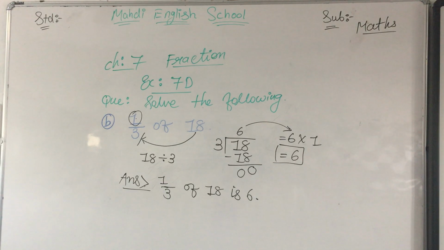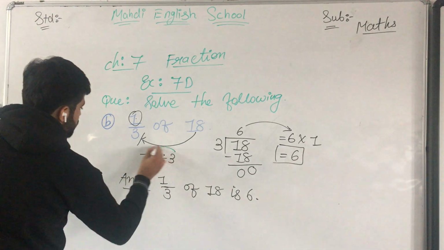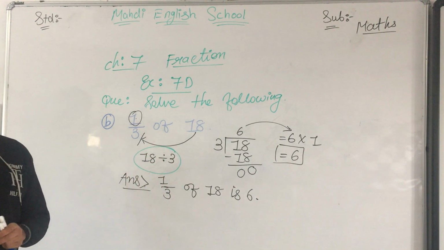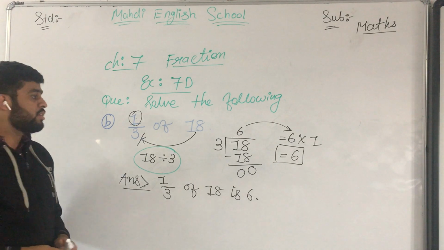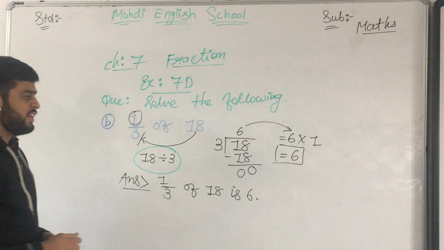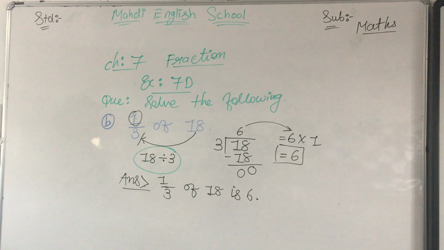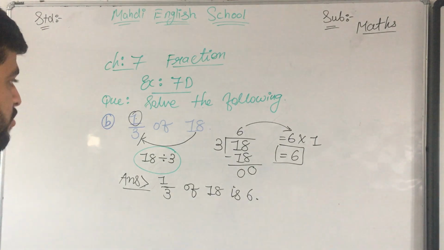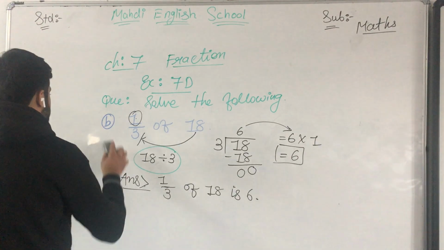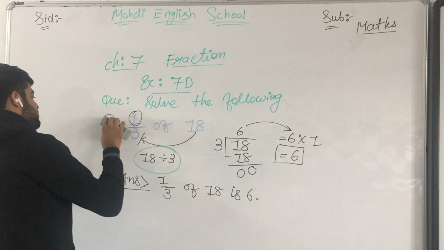You have to write this step in your book with the sum. So now I hope you have done these sums. Now we will move on to question number C, my dear students.